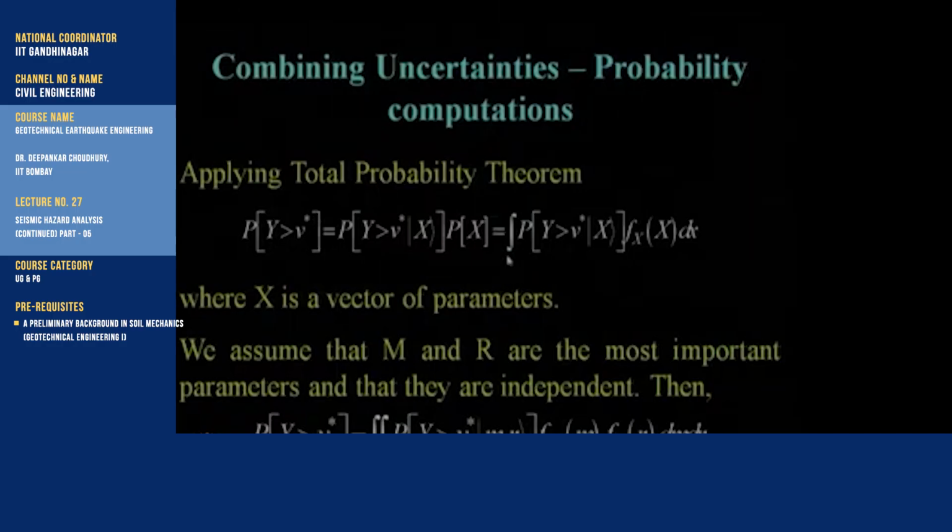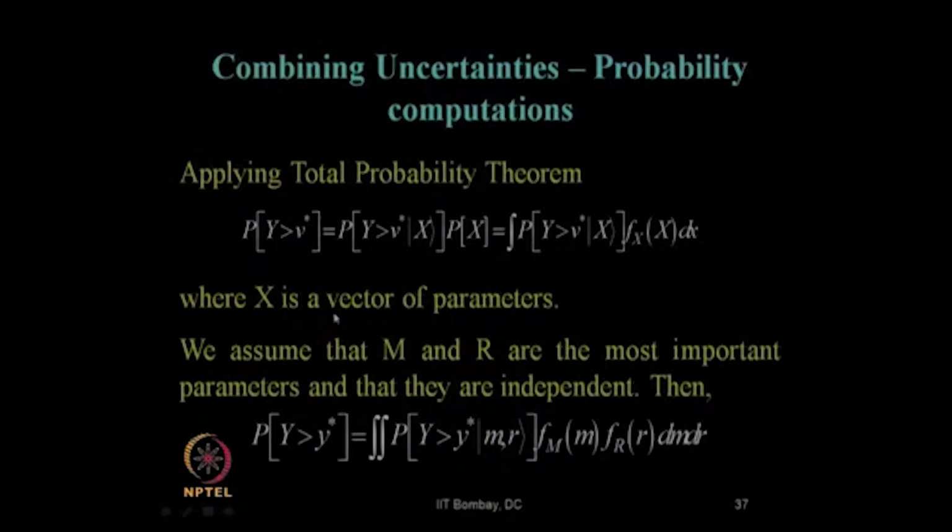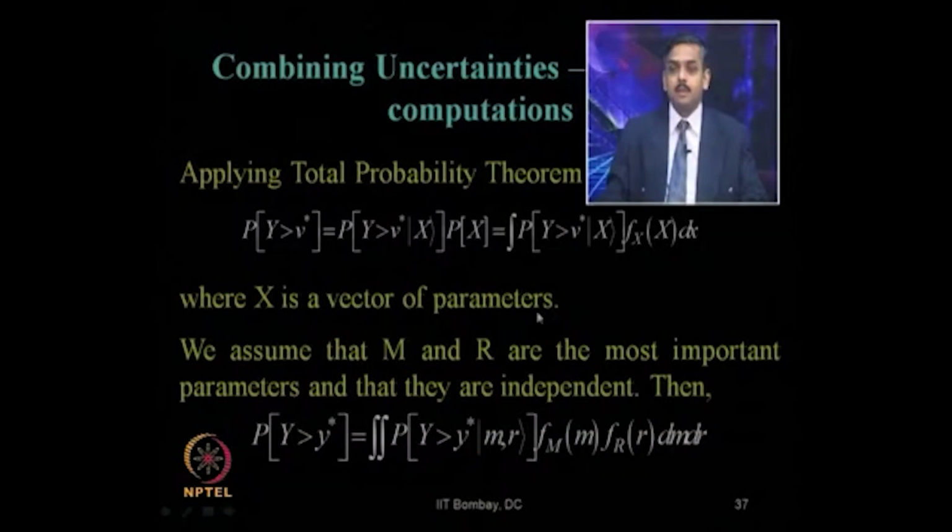That means, we have to integrate all these probability distribution functions of x. So, x is nothing but a vector of parameters, which is all the uncertainties involved. That is, for a given uncertainty, this is the value. So, for all the uncertainties, you can get the value.